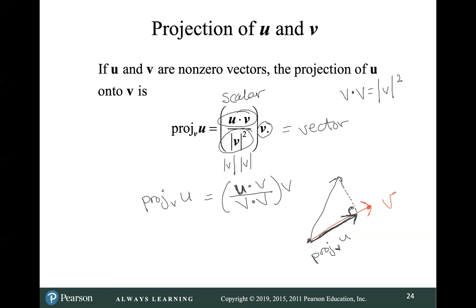So it's part of v. It's a piece of vector v, but it comes from, like, the shadow of vector u. So that's what that means. Everything is part of vector v. That's why we multiply it by vector v at the end.